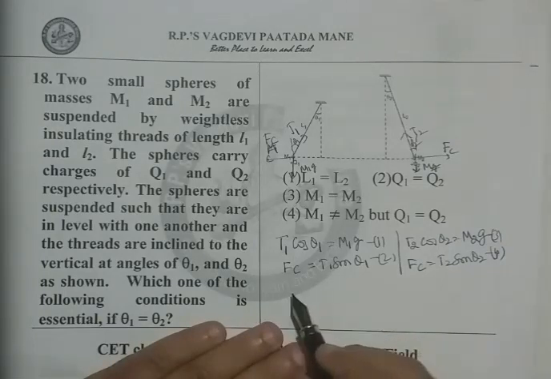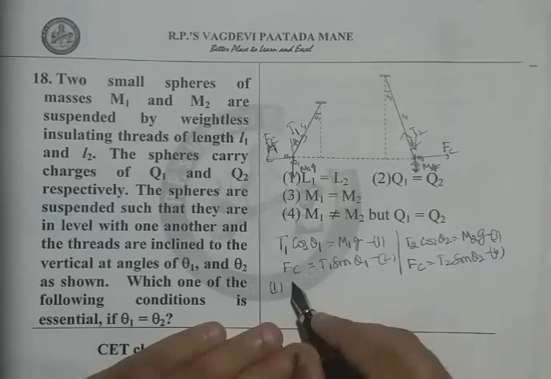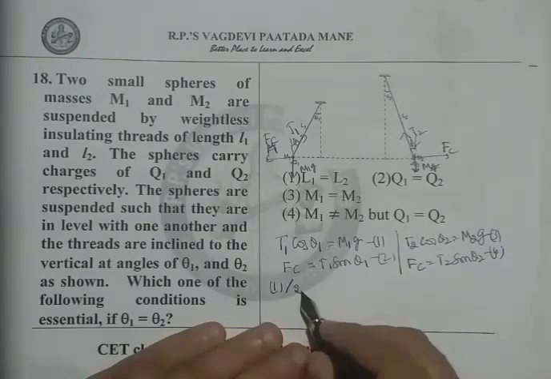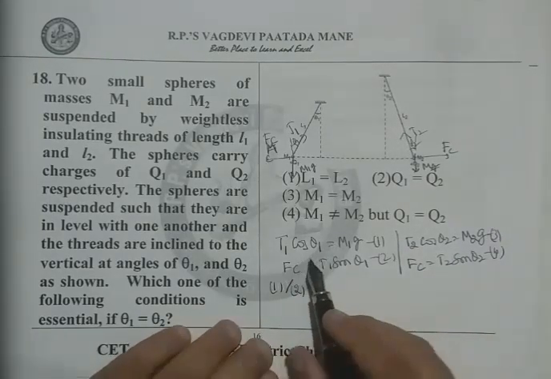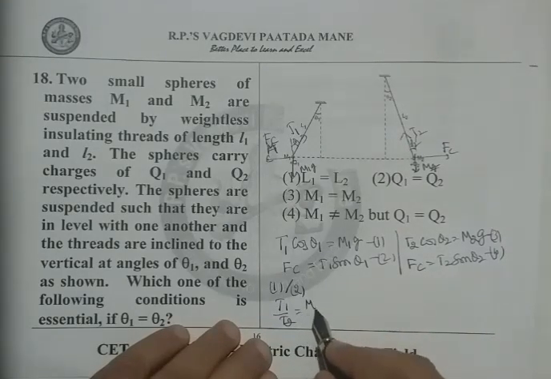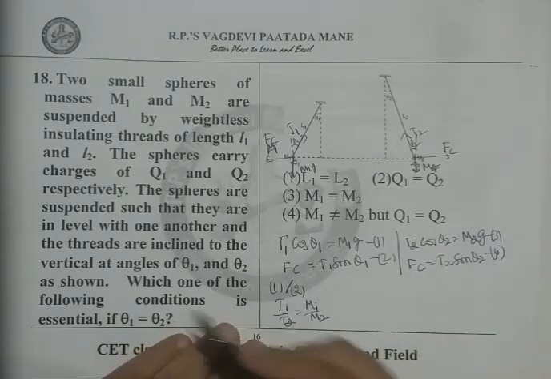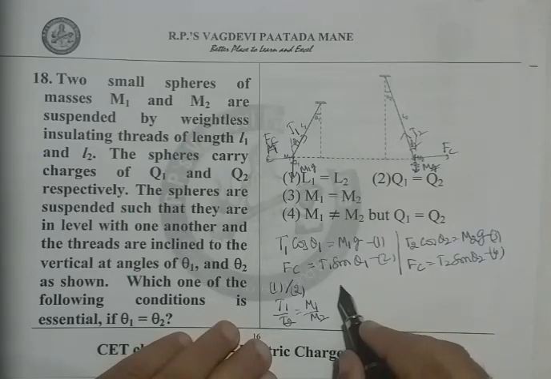Now, if I divide equation 1 by equation 2, it will result in T1 by T2 is M1 by M2, as theta 1 equals theta 2 is given.